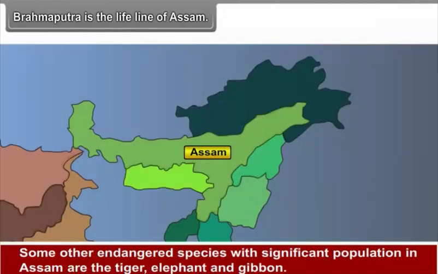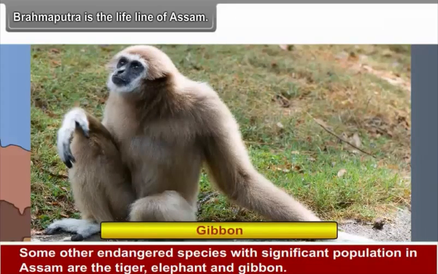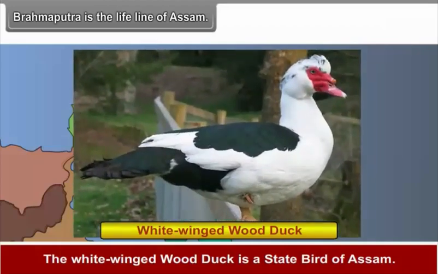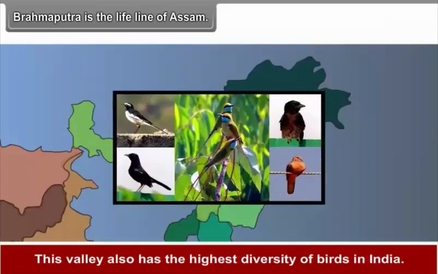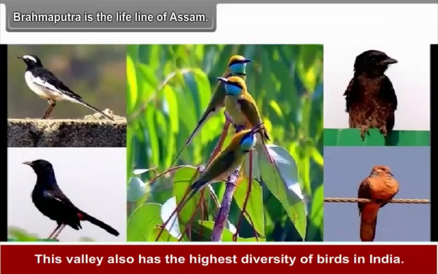Some other endangered species with significant population in Assam are the tiger, elephant and gibbon. The white-winged wood duck is the state bird of Assam. The valley has the largest population of the wild water buffalo. This valley also has the highest diversity of birds in India.